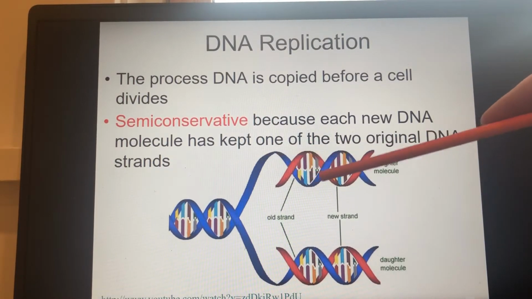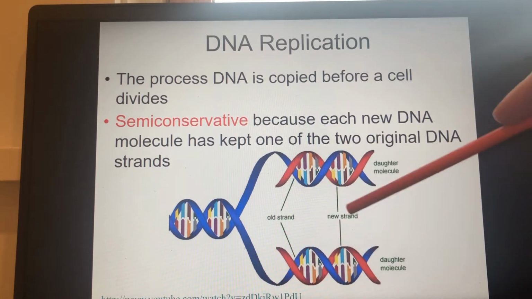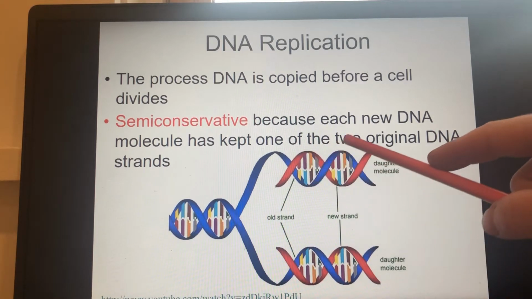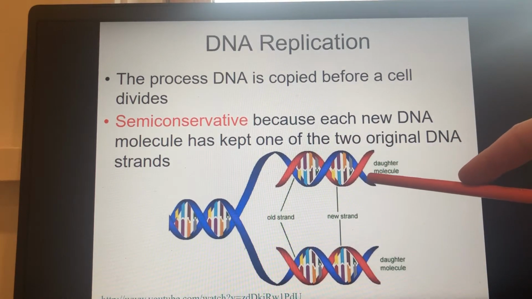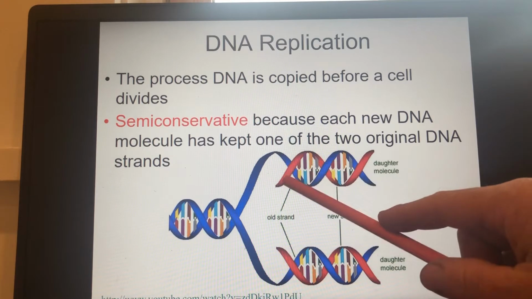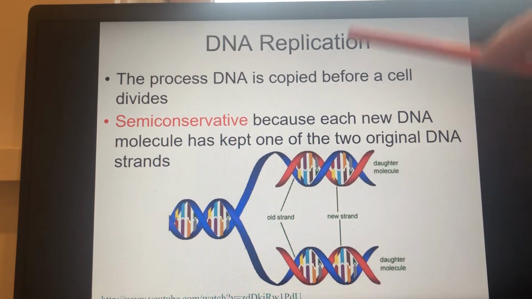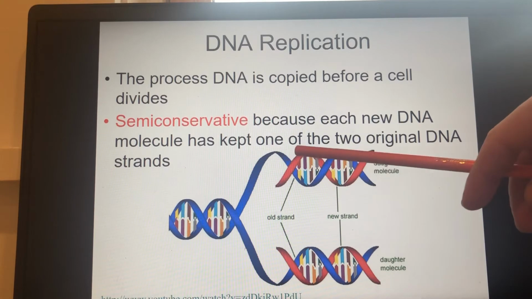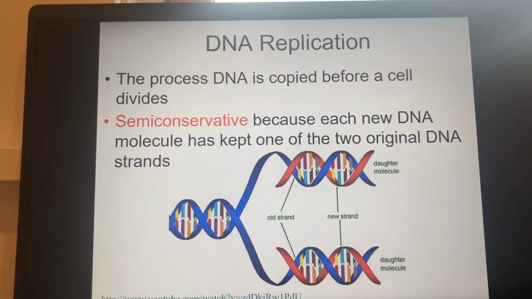So this blue strand here and this blue strand here. And that uses a template to make a new strand. So when we make a new copy of DNA, one is from the old strand. Remember, it's a double helix. And the other strand is from a new strand that was synthesized based on the old strand. Okay, so we call that again semi-conservative because each new DNA molecule has one of the two original DNA strands.